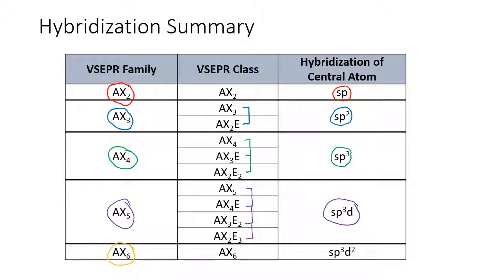Within the AX6 family, there's AX6, AX5E, and AX4E2. Any of those shapes is going to have 6 things around the central atom, and so the hybridization of the central atom will be sp3d2 hybridized.